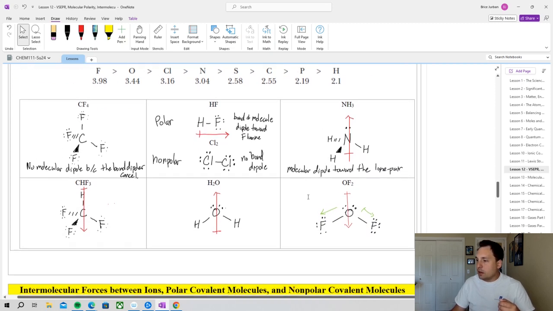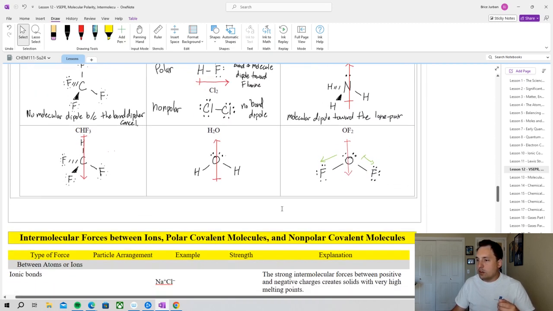All right, so let's close off this lesson by learning a little bit about some different types of bonds. This isn't talked about until chapter 15 in the textbook. I think this is a little late to introduce this topic, and we won't go into too much detail on it, but it's about the bonds that occur between molecules.